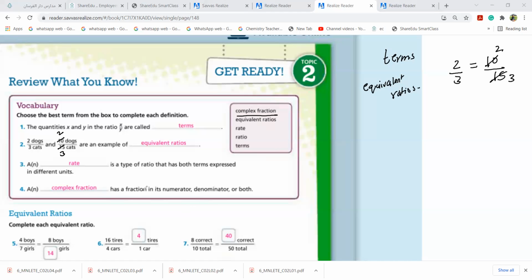If I say a complex one, it has a fraction in the numerator, like see, 2 by 3 and 4 by 5. It has a fraction in the numerator, it has a fraction in the denominator. So this is nothing but a complex fraction. So number 3 is rate and number 4 is complex fraction.